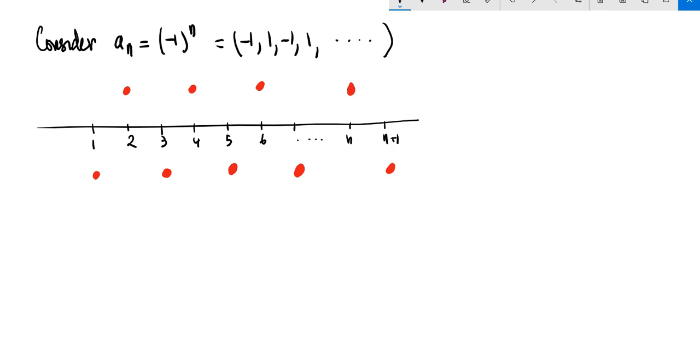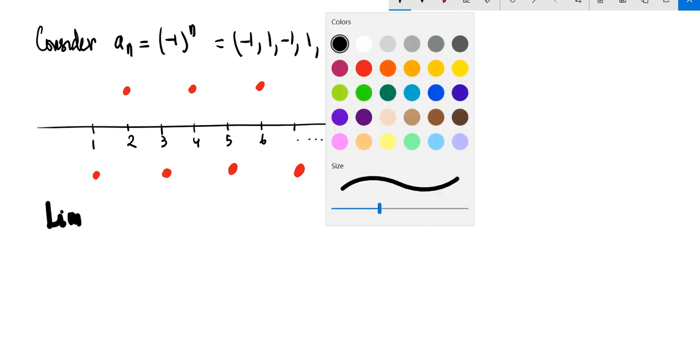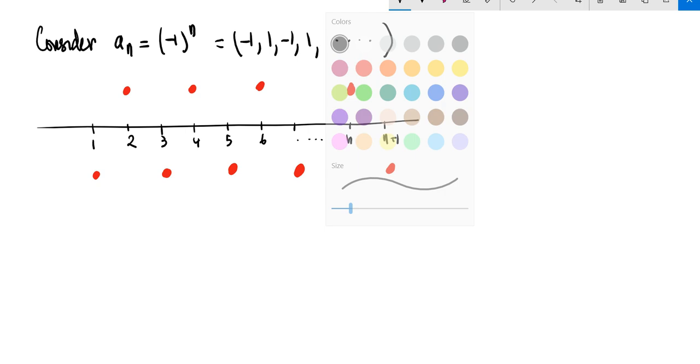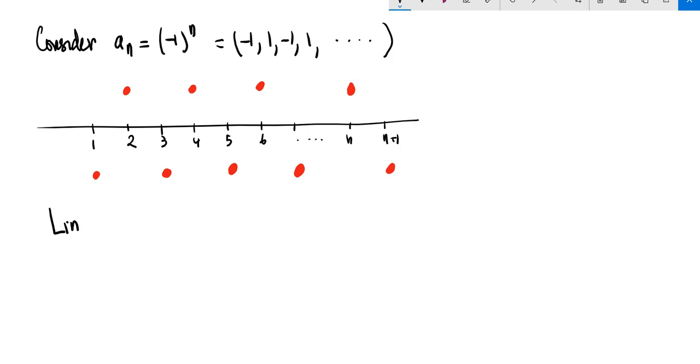So we shall say that the limit of an as n is approaching infinity does not exist.